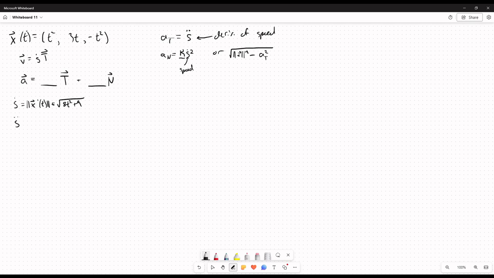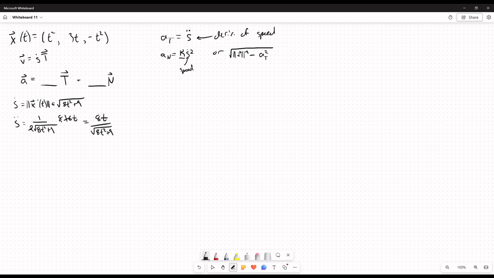So if we want to find the derivative of that, we need the chain rule: 1 over 2 times 8t squared plus 9, times the derivative of the inside, which is 16t. Some things cancel, and we end up with 8t over the square root of 8t squared plus 9.